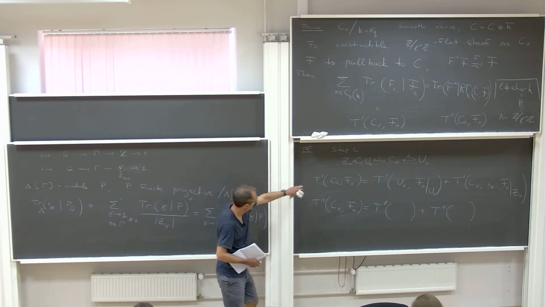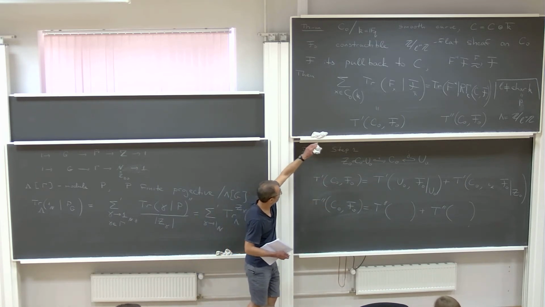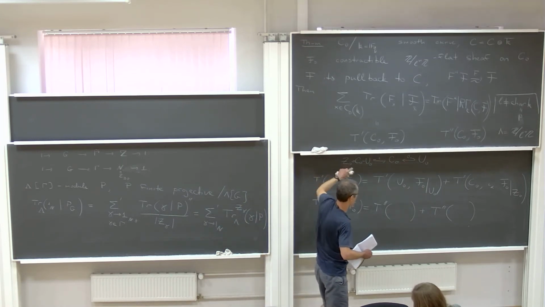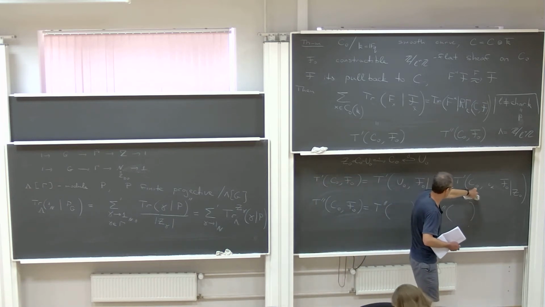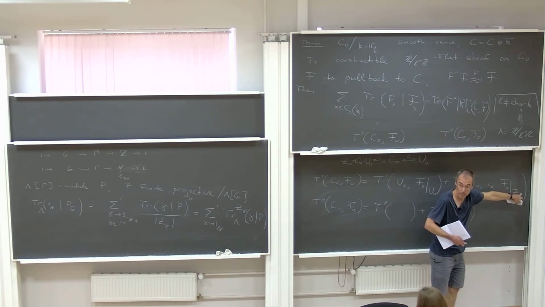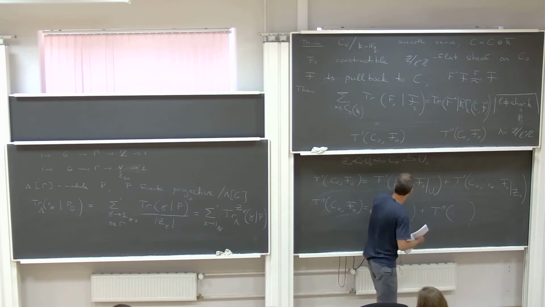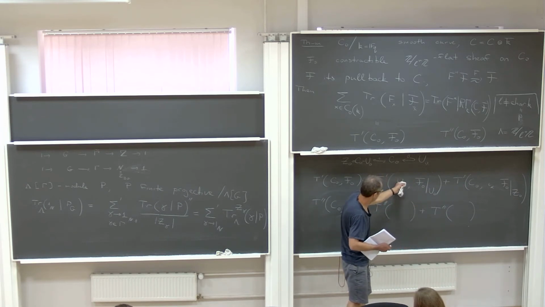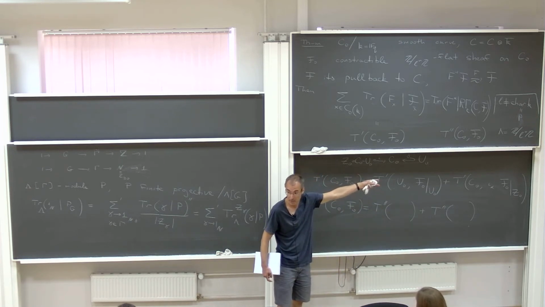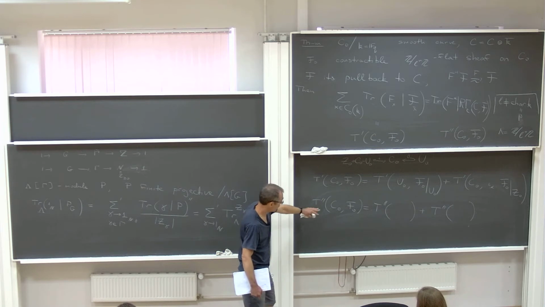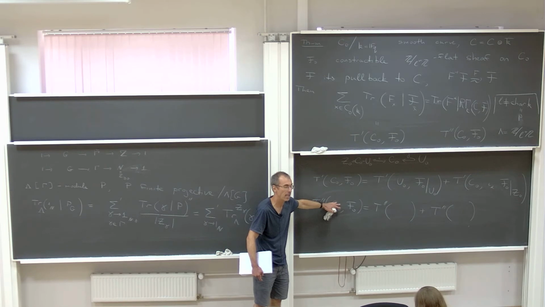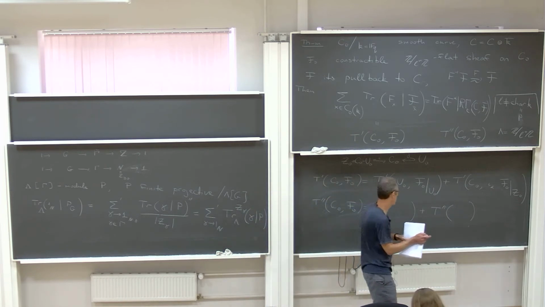So the first statement is obvious, because here all the stalks vanish outside of Z0, and here only stalks at points of U0 appear. And here you have all the stalks. So it's true tautologically, right? What really requires a proof is the second assertion, and that's why we need all these filtered derived categories.